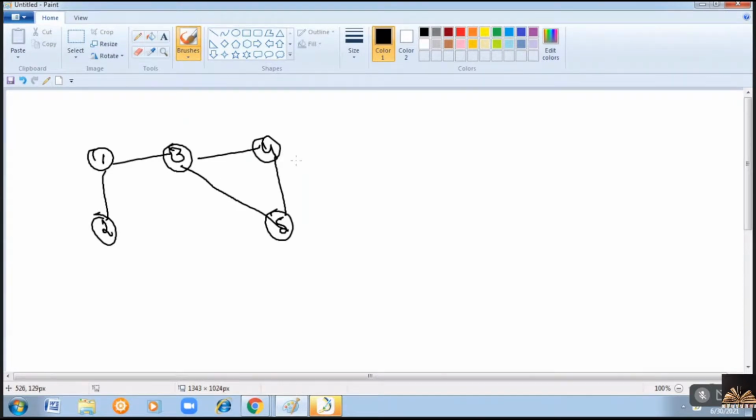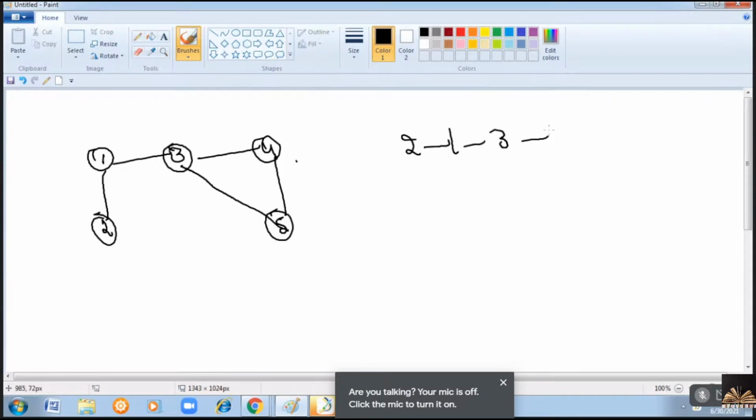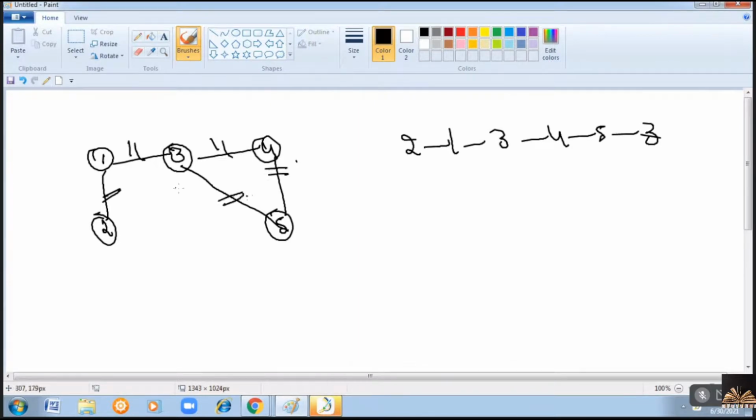So when you consider here, there exists a trail. That means every edge will be visited once. So 2 to 1, 1 to 3, 3 to 4, 4 to 5, 5 to 3. So here all the edges are visited exactly once, but this is not coming back to the starting vertex. We don't have an edge to come back to the starting vertex.